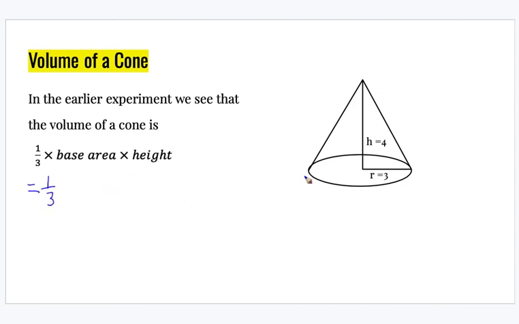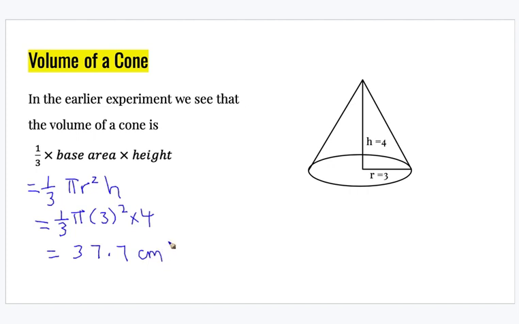Now, the base area here is a circle, so the circle is of area pi r squared multiplied by the height. And this works out to be 37.7 cm cubed.